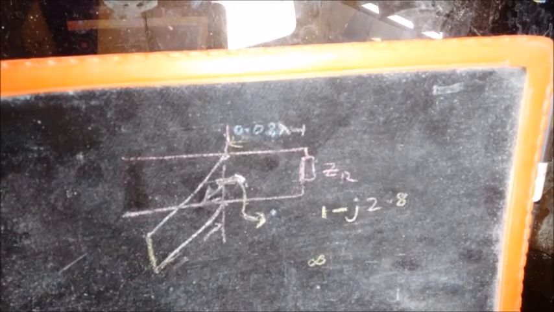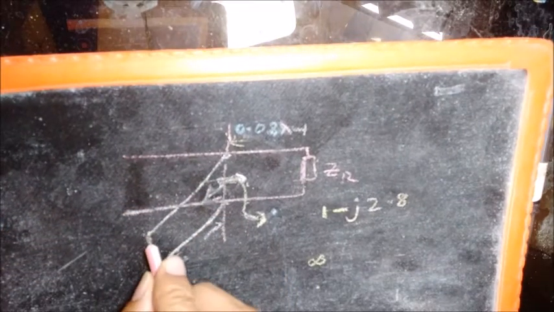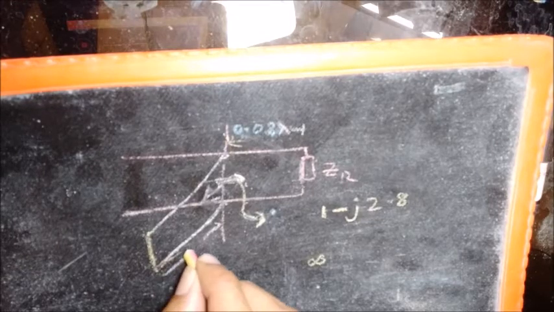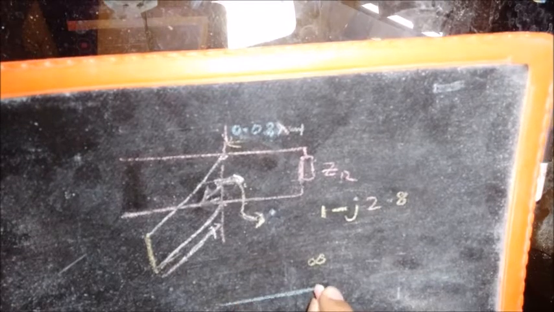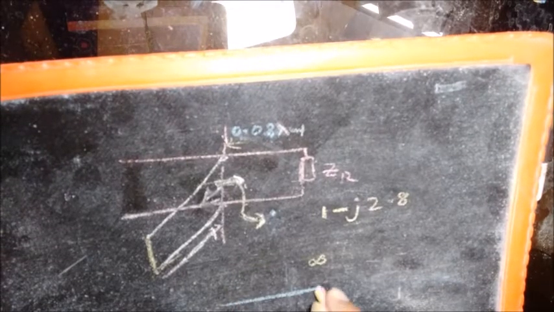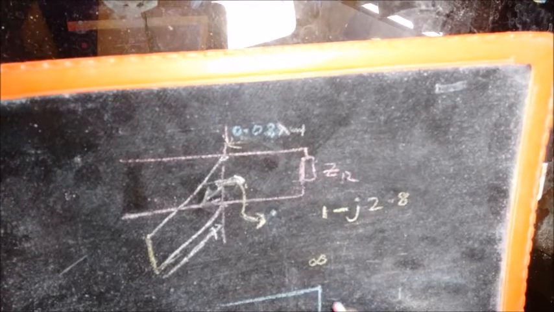I'm now looking at this as a transmission line. I will draw this as a separate one now. This is a stub. Load impedance is 0. It is short circuited, so admittance is infinite.